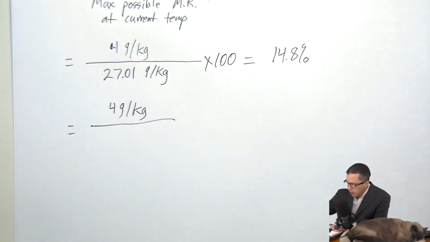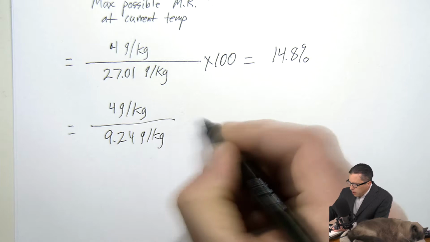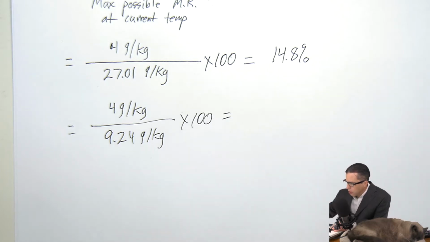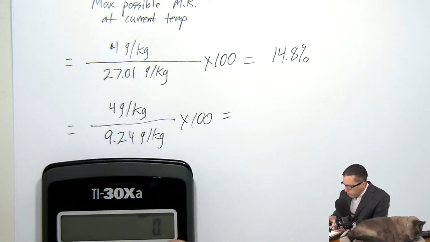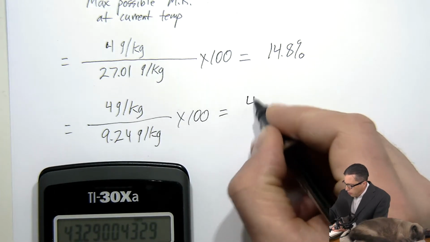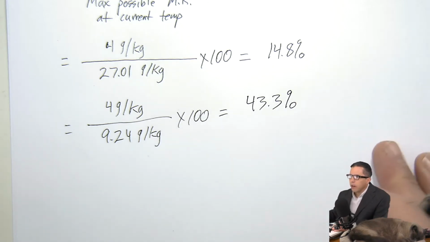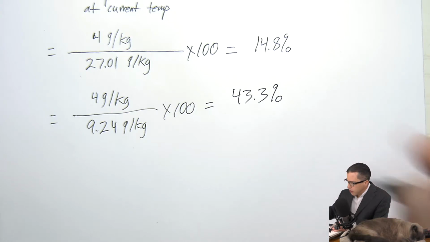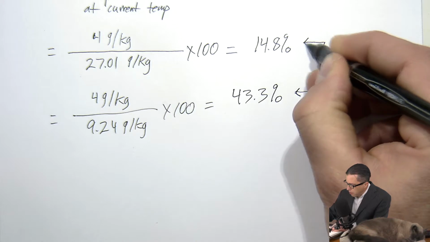So I'm going to put that in: 9.24 grams per kilogram times 100. Now we will do that math. 4 divided by 9.24 times 100 is 43.3%.